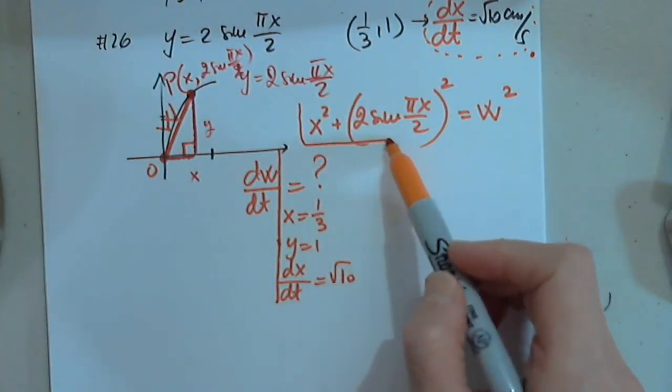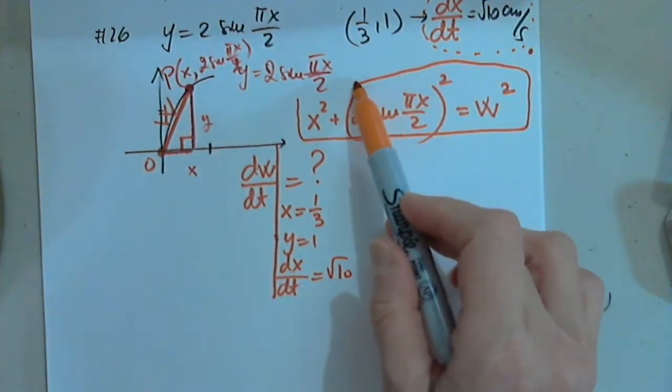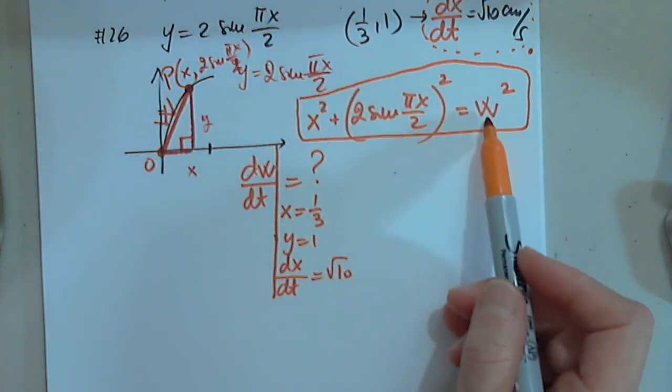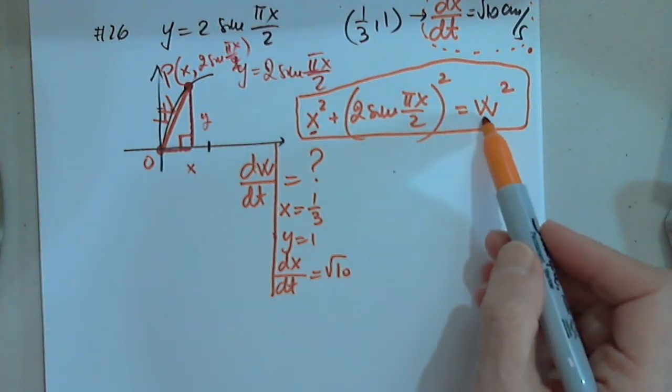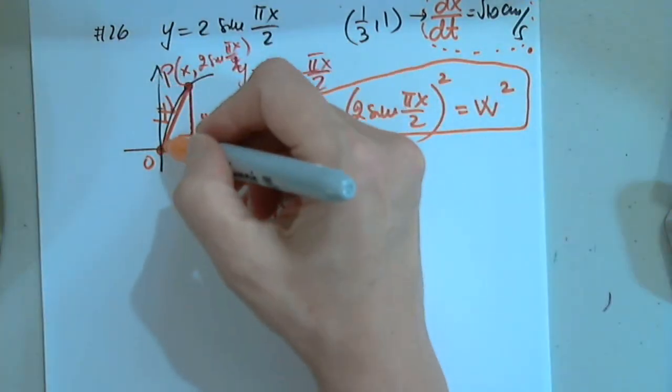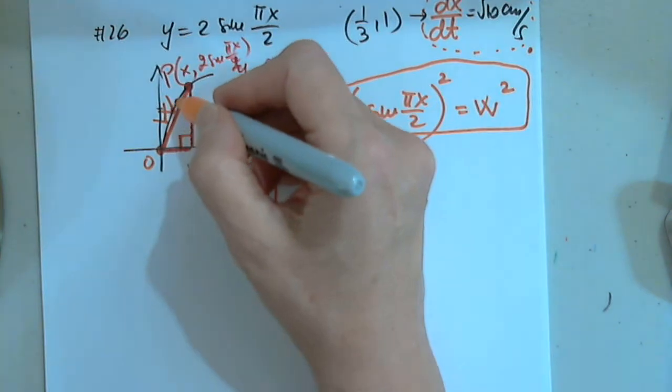So obviously at this point, I'm going to differentiate implicitly and get dw over dt. X is a function of time. W is a function of time as the particle is moving along this curve.